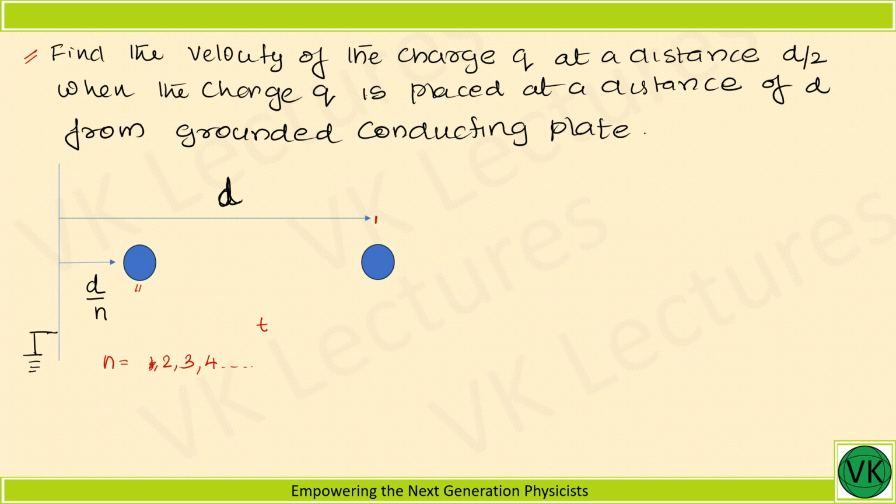So when the charge moves to d by n, what is the velocity? This is the question. You can use the same formula: v is equal to kq square by 2m into 1 by x minus 1 by d whole to the power 1 by 2.